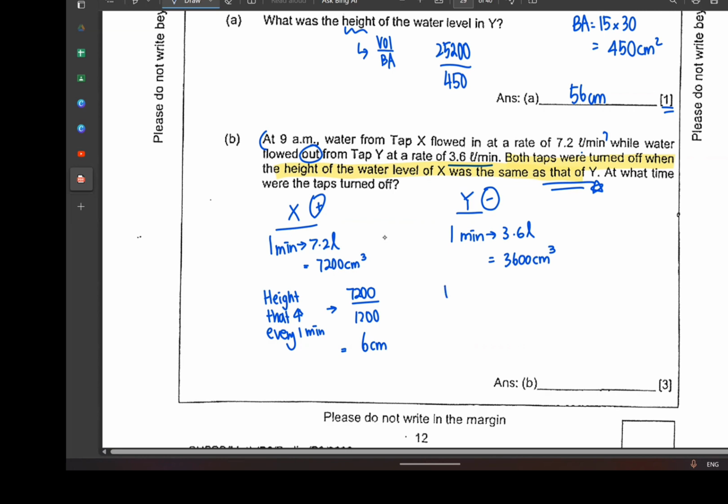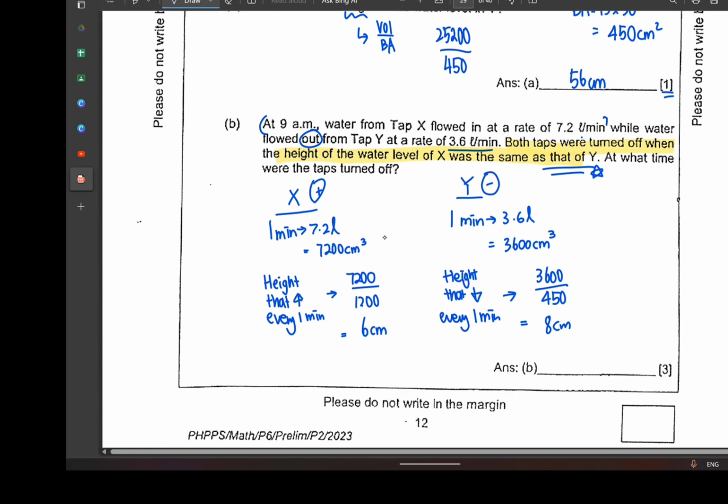For Y, same thing, the height that decreases every 1 minute. We just have to do 3,600 divided by the base area, which is 450, and we get 8 centimeters. So this is the height that will decrease every minute for Y.